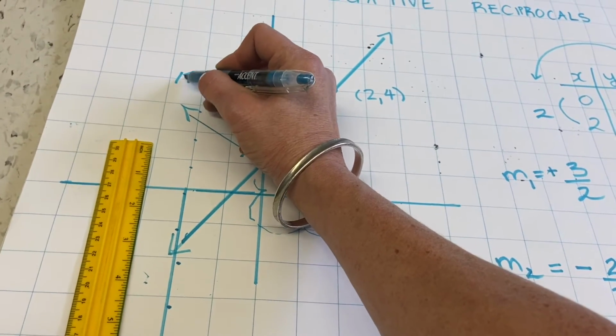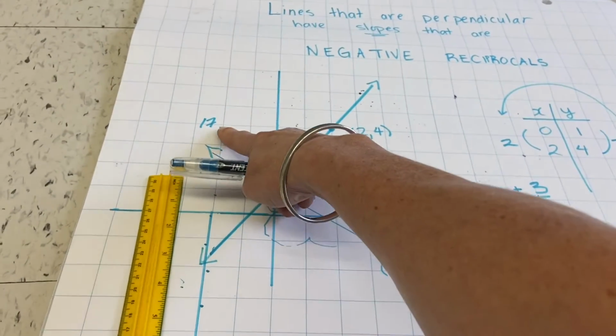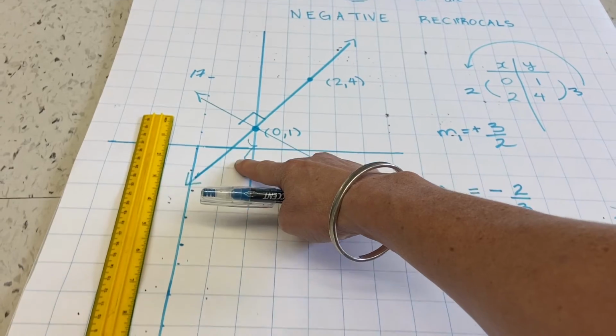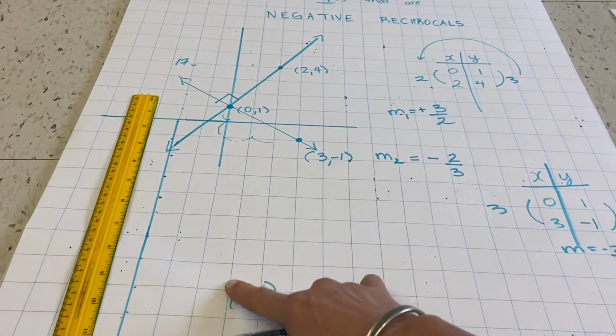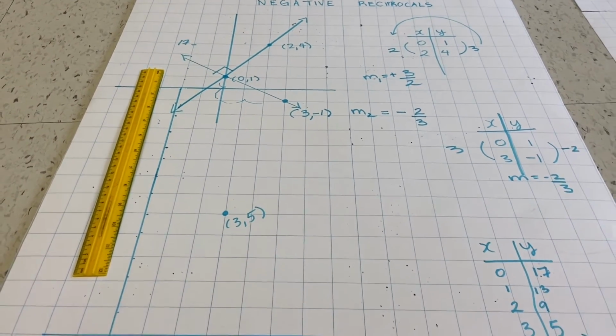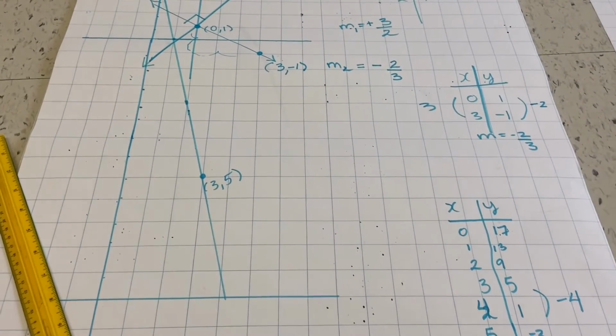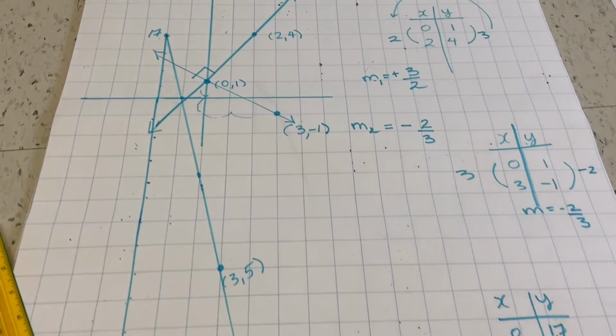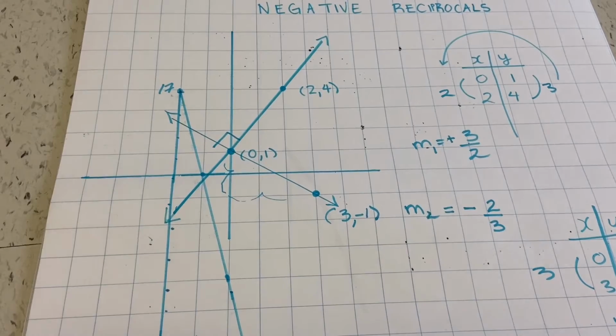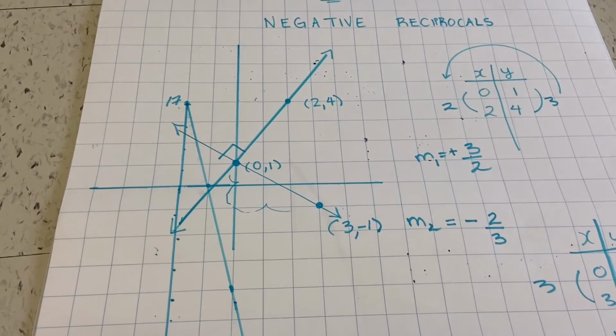Here is 17. So my line would start at 17, go down 4 each time until it touched 3, 5. I realize my work is a little messy, but I can see that the initial value, or y-intercept, is 17. It's going down 4 every 1.